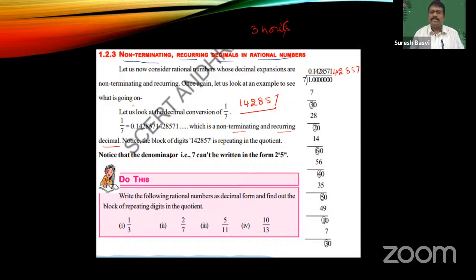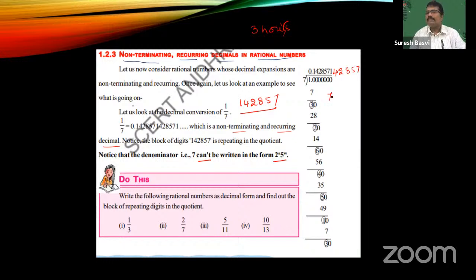So notice that the denominator, that is 7, can't be written in the form of 2 power n into 5 power m.